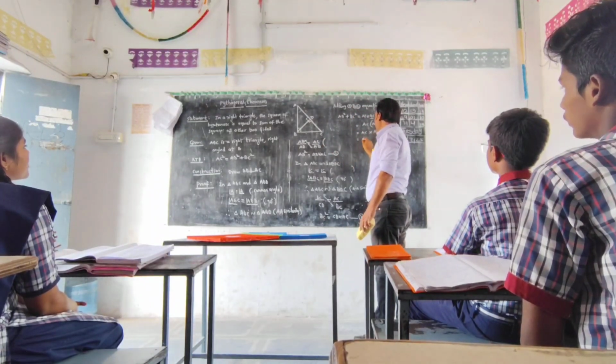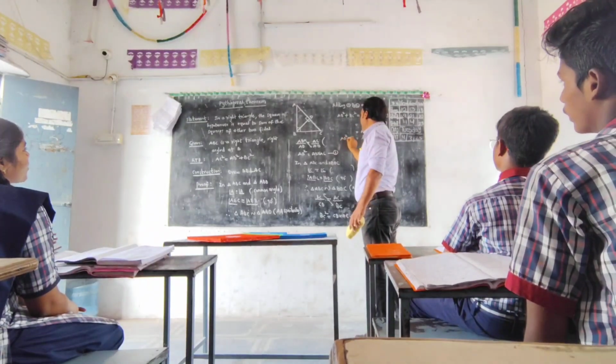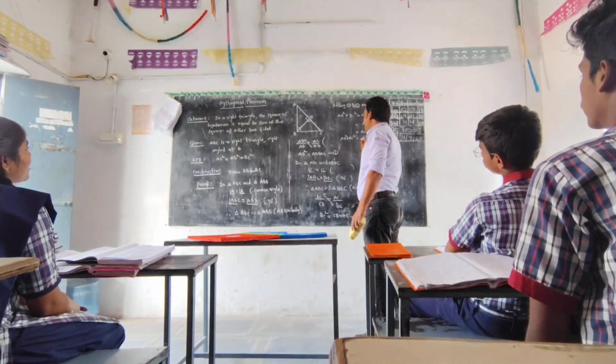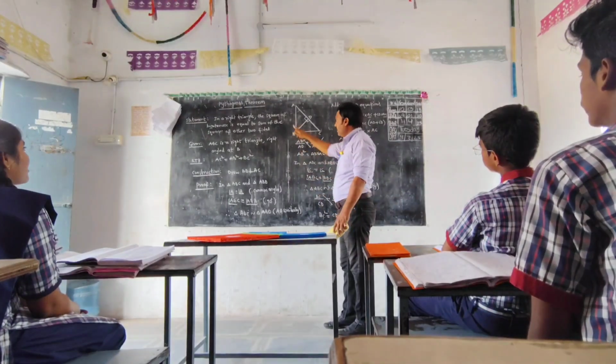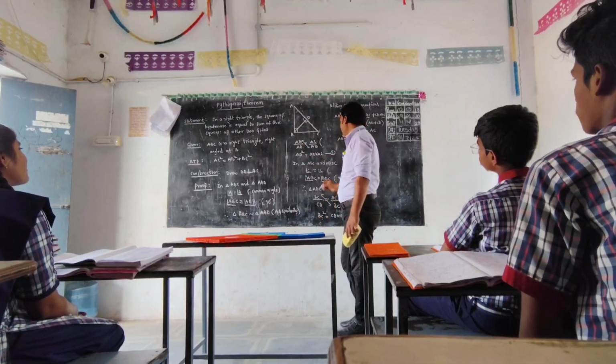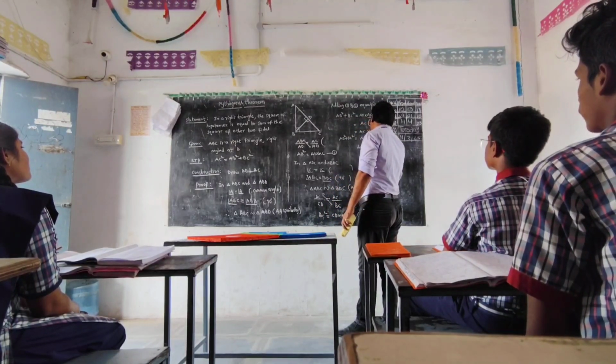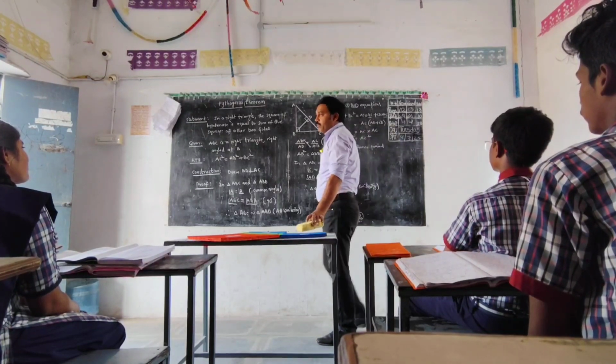So AC into AC, AC square. So what is the LHS? AB square plus BC square is equal to AC square. We got it. This is the proof of Pythagoras theorem.